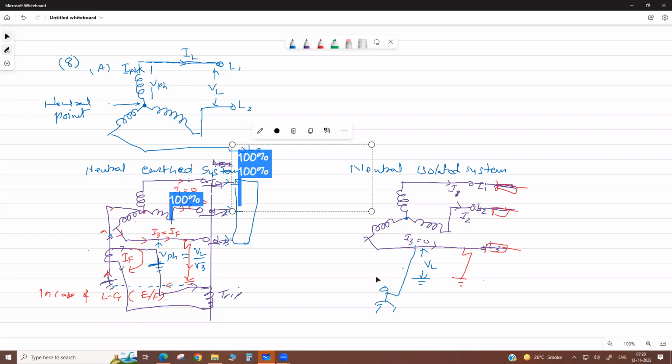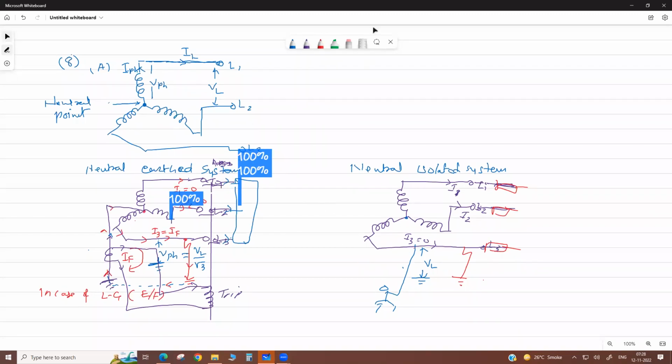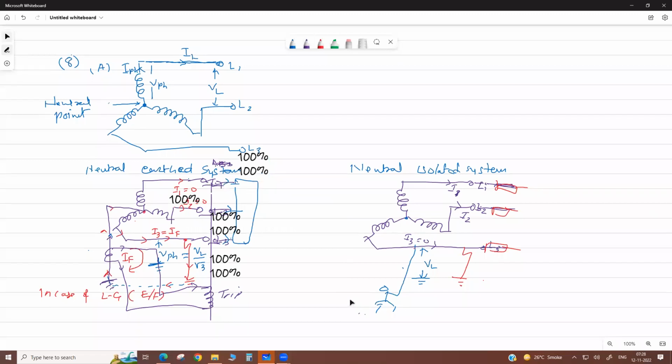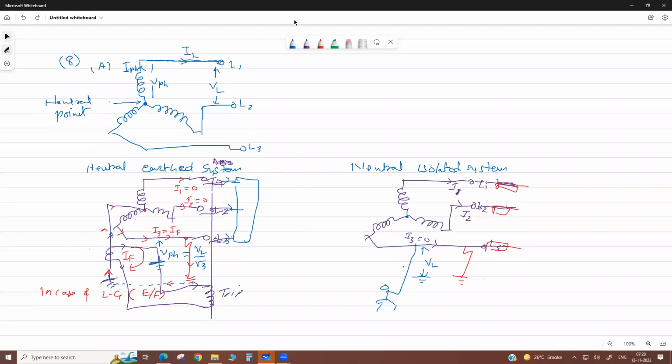Here it is a 0 potential, 0 volt, and the line is at potential like 440 volt.